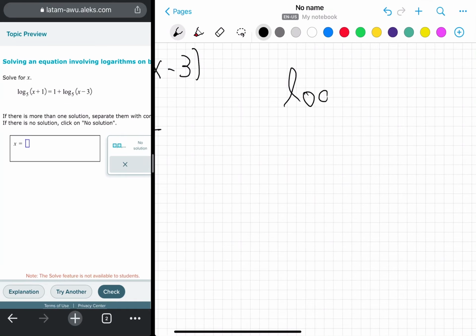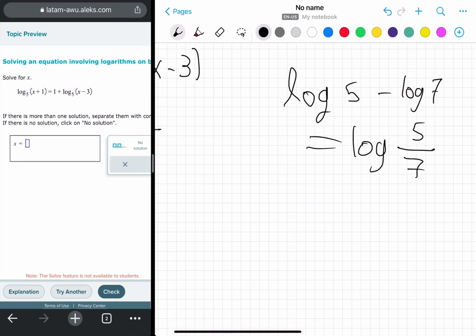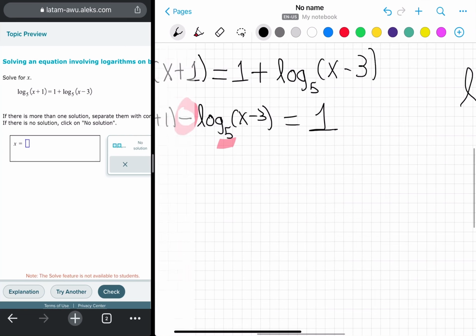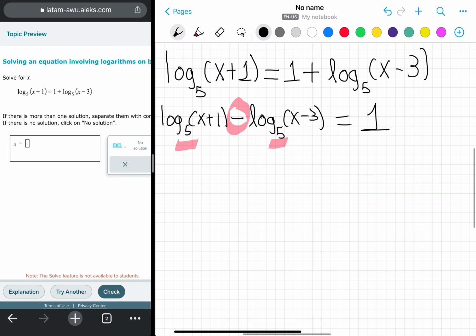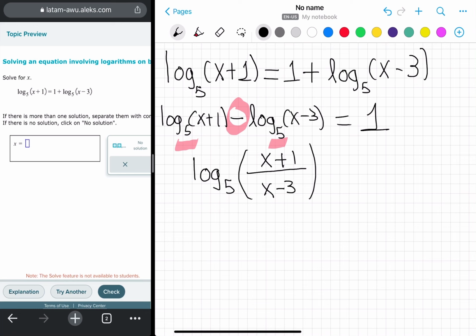Whenever you have logarithm of one number, for example 5, minus logarithm of, for example 7, you can write it as the logarithm of 5 over 7. We saw that in the previous model. And I see that here, so I can apply that rule here again. So I can simplify this as just one single logarithm, which is going to be the logarithm base 5 of x plus 1 on the numerator over x minus 3 in the denominator, and that is going to be equal to 1.